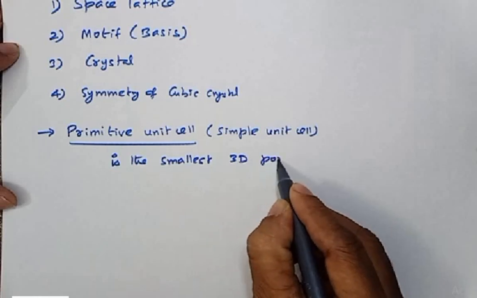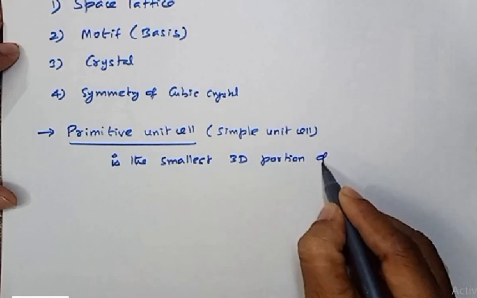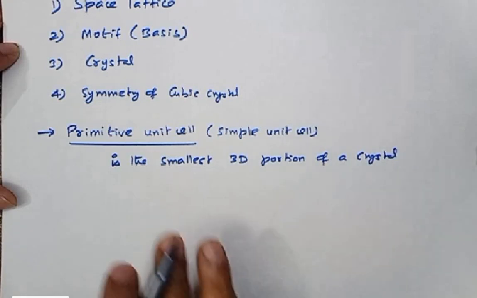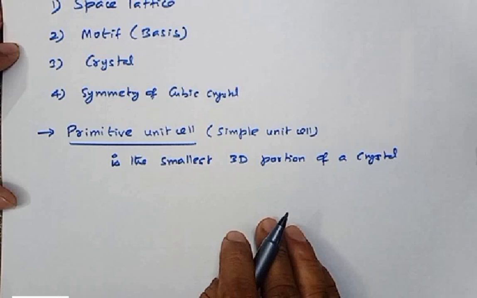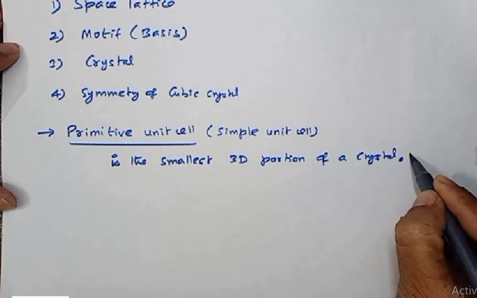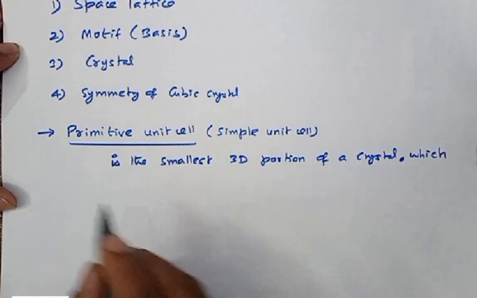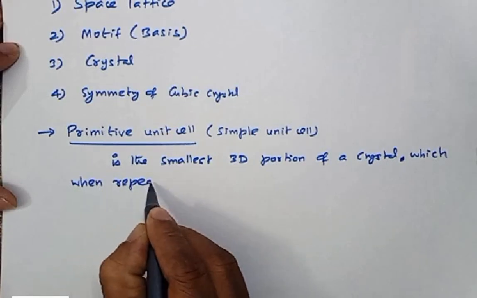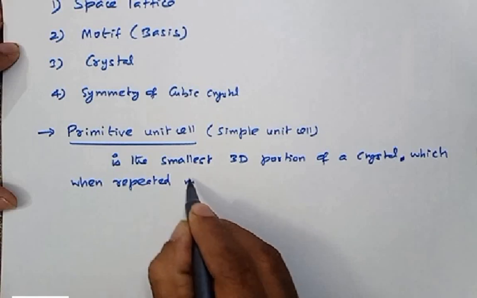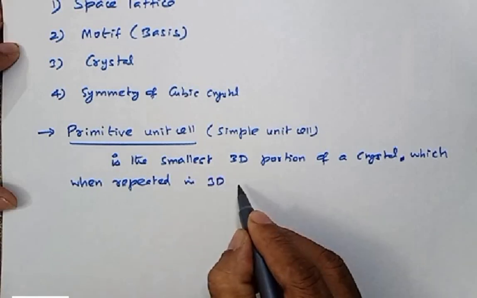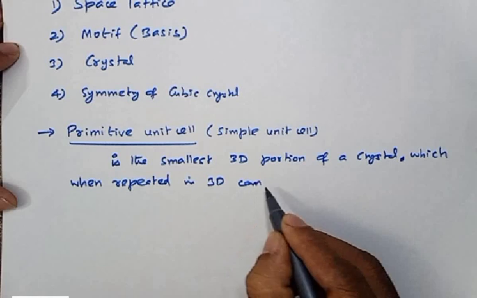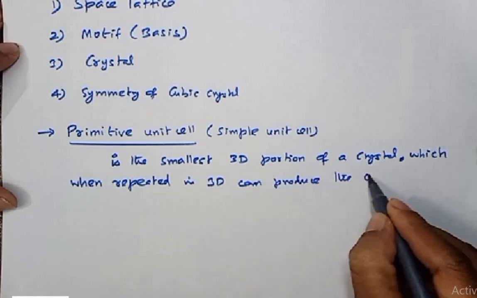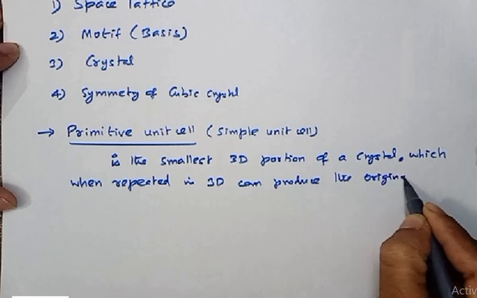Is the smallest three-dimensional portion of a crystal, which when repeated in 3D can produce the entire crystal, or the original crystal.